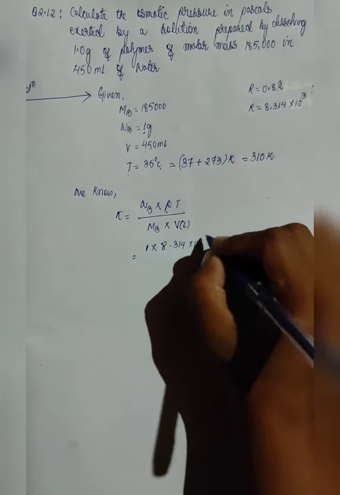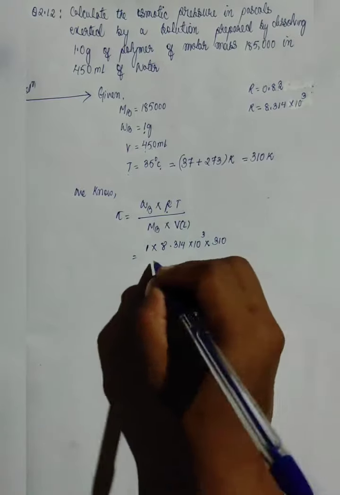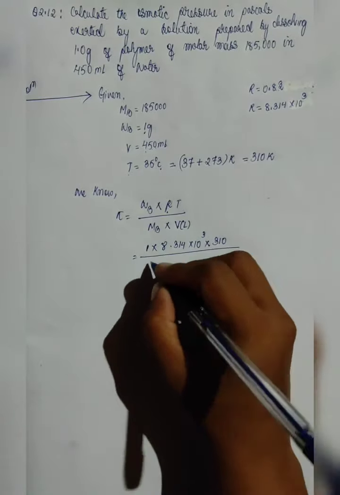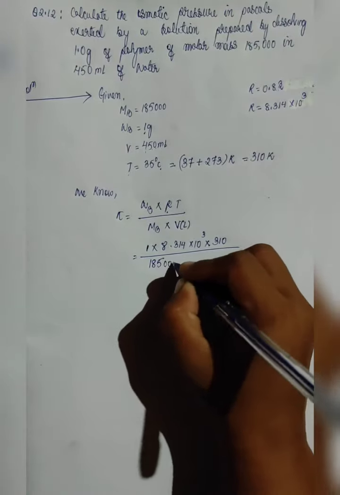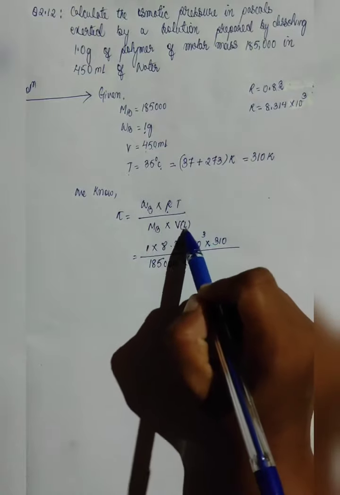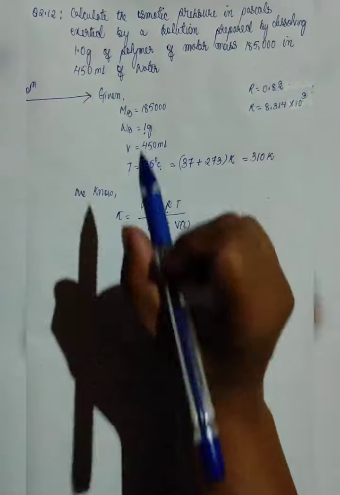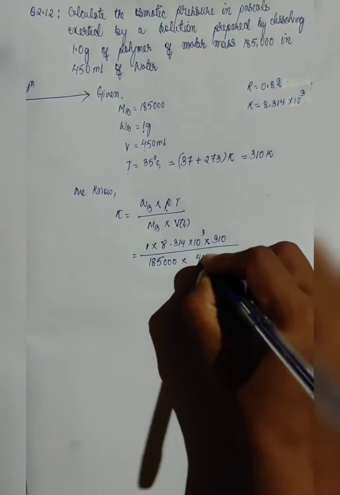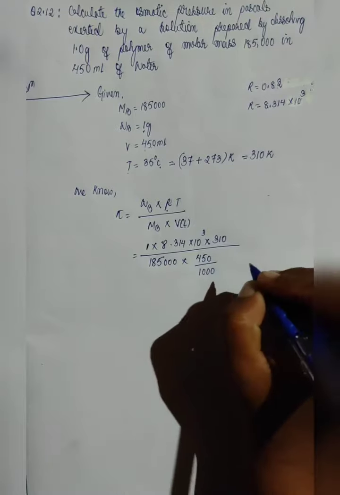Temperature we already calculated as 310. MB, the molecular mass, is already given. And volume should be in liters, but it is mentioned in ml. So in order to convert ml to liter, we will divide it by 1000.